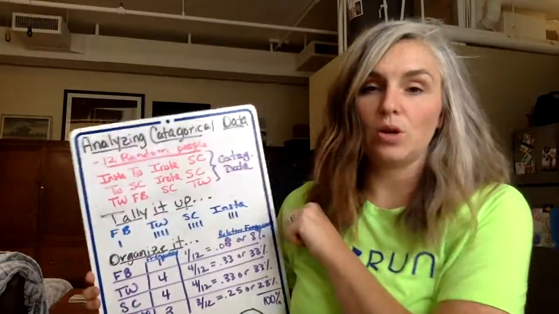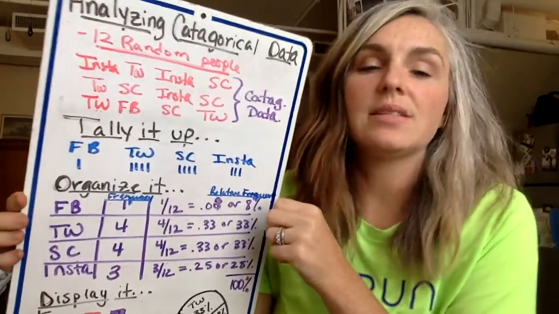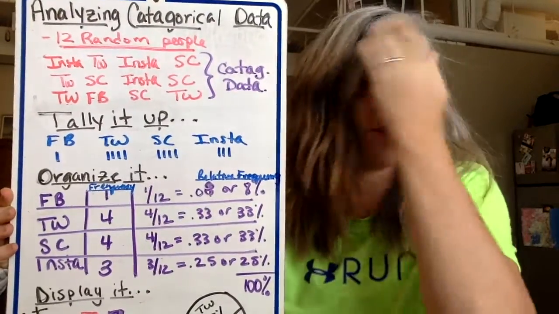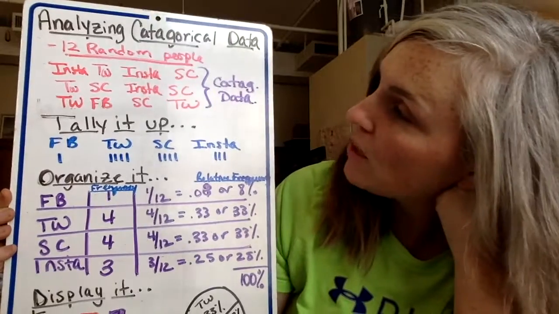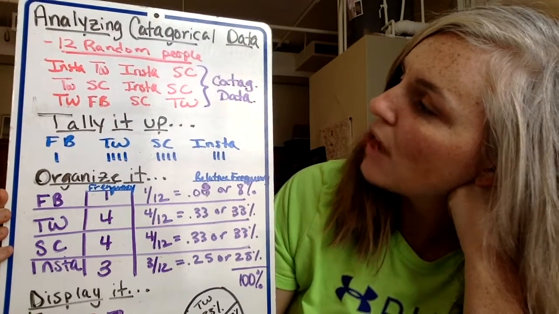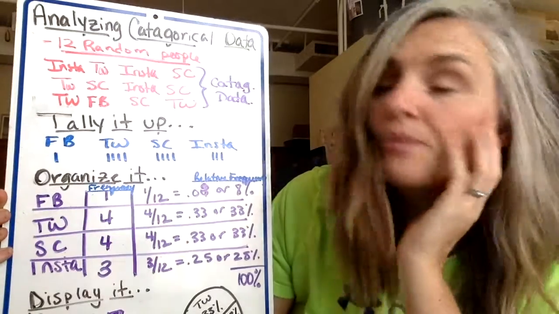Okay, so we're going to look at analyzing categorical data, and we're going to start with only one variable, which is probably the simplest of all, kind of that middle school thought of what can we look at. So let's look at some totally made up data. Let's say that I asked 12 random people, don't care about ages, don't care about gender, don't care about any of that right now, what they like better, Instagram, Twitter, Snapchat, or Facebook, okay?